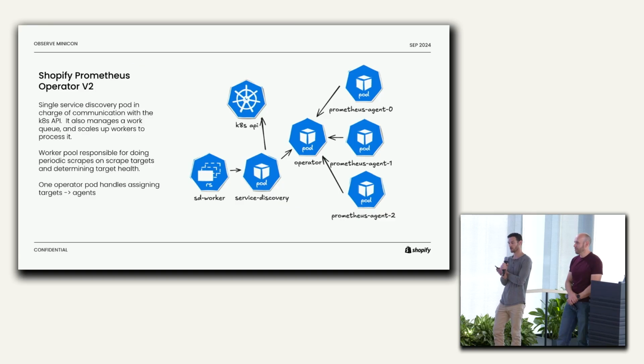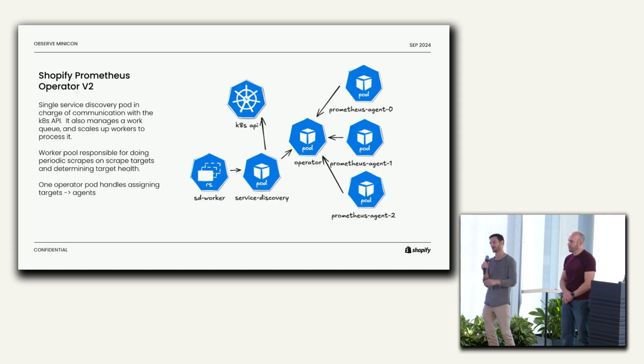As it discovers these targets, it puts them in a work queue, basically saying this needs to be scraped, this needs to be scraped, this needs to be scraped. This is a way for the service discovery workers to pull from that queue and scrape and weight the targets and give that back to service discovery, which gives that back to the operator.